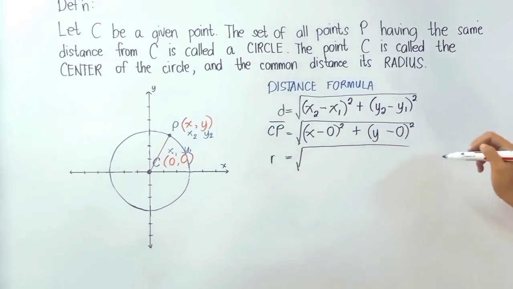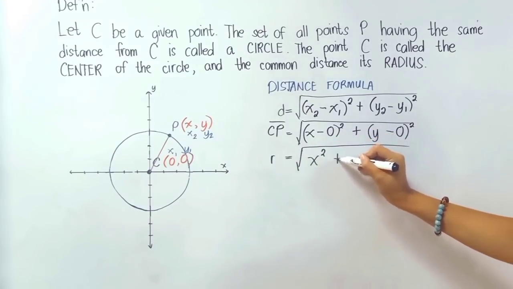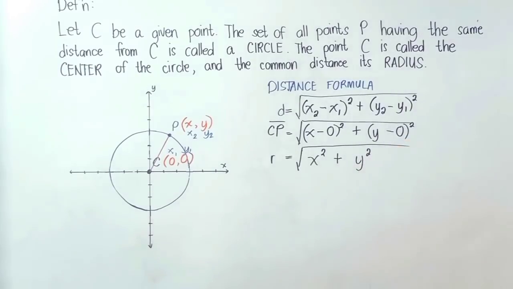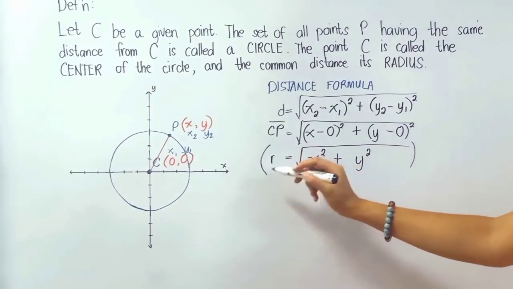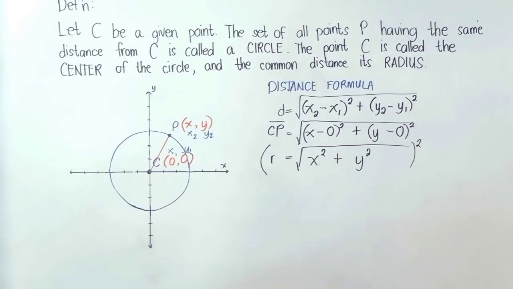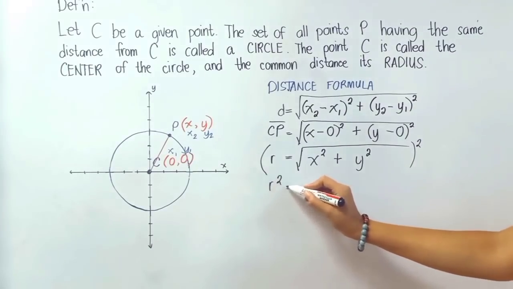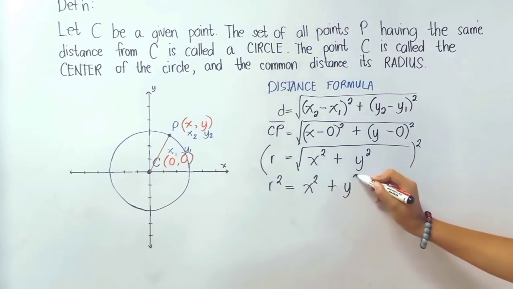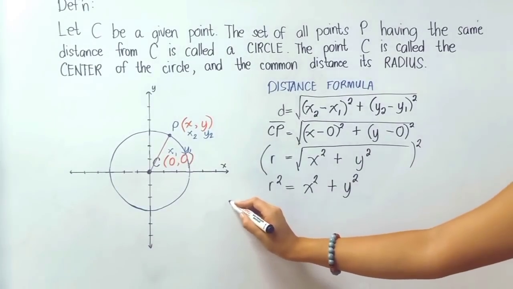So I will continue this portion here, so it will be x squared plus y squared. Now we want to get rid of the square root, so we will square both sides here, and we'll have r squared is equal to x squared plus y squared. We just got the standard equation of the circle.